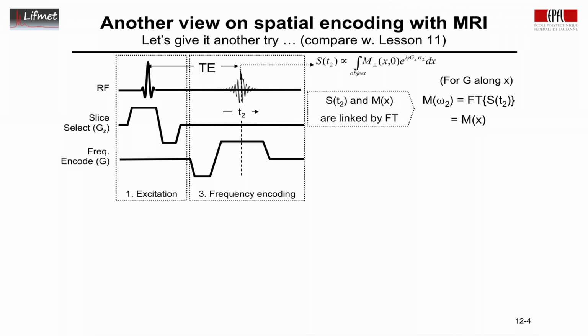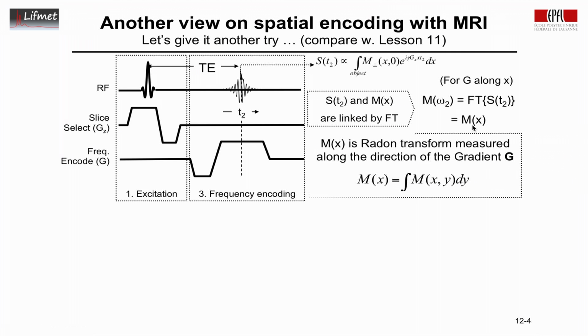So if T2 is our time variable, then we'll call omega 2 the corresponding Fourier pair variable. Now omega 2 is gamma Gx times x. That is linked to the position because the gradient is fixed and the gamma is fixed, so omega 2 is linearly related to the position. So the magnetization as a function of this frequency is equal to the magnetization as a function of position.